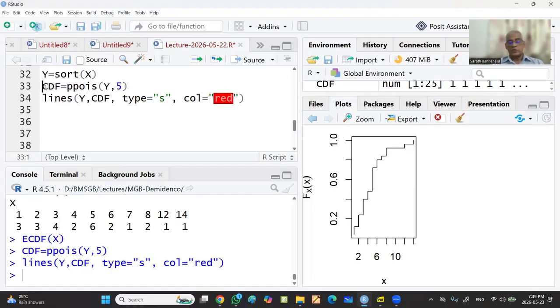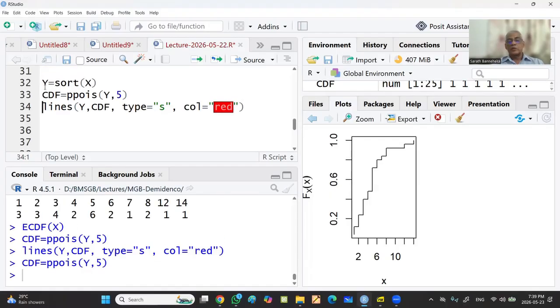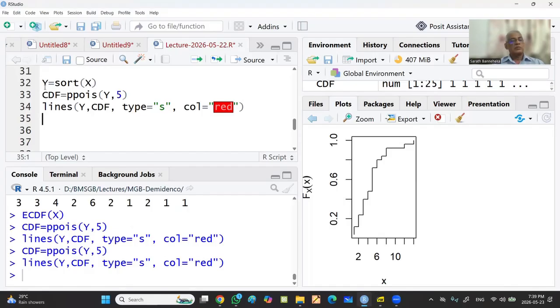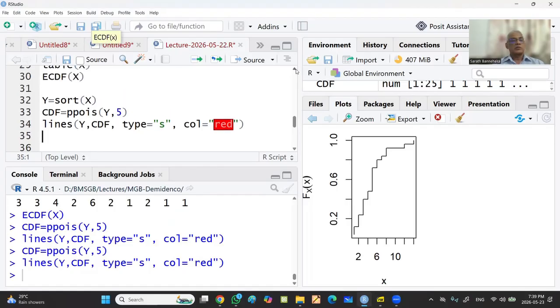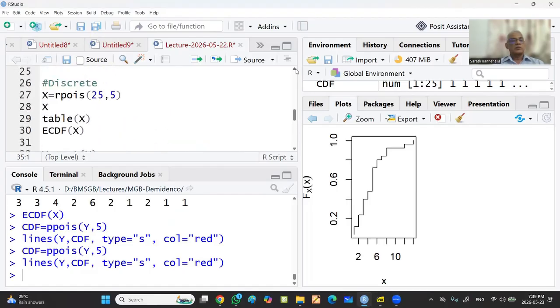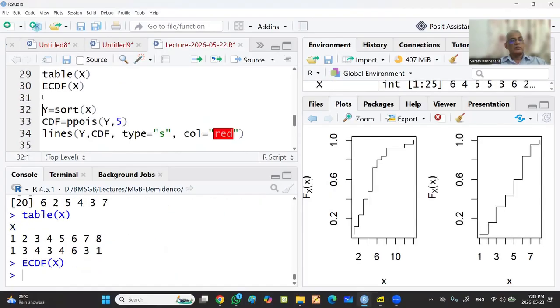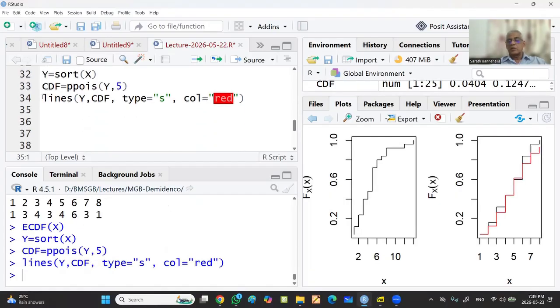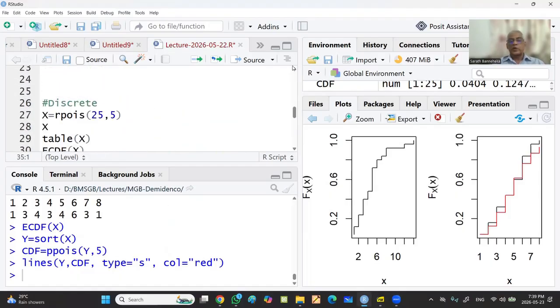I didn't calculate the CDF. Something is wrong. Why is that? Let me go through it again and redraw the graph from the first.